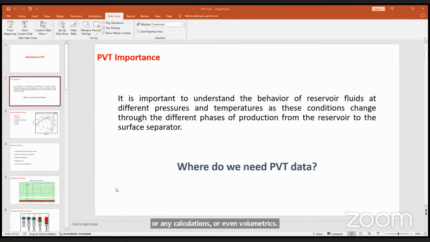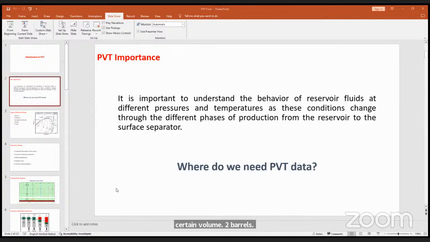or anything related to reservoir engineering, you want to correlate your surface production to what you have in the reservoir. So let's say that you produce a certain volume, 2 barrels from the reservoir.